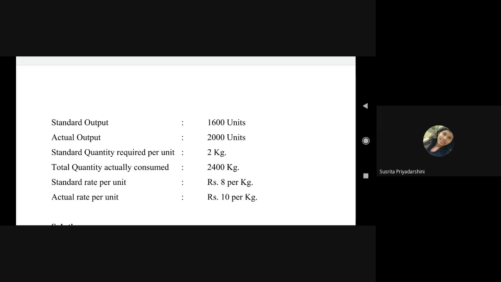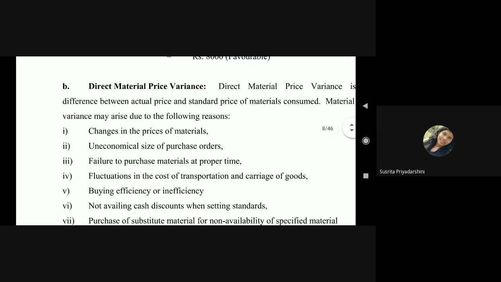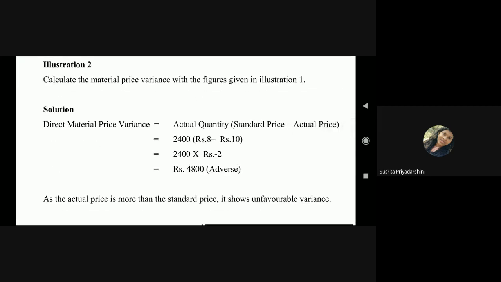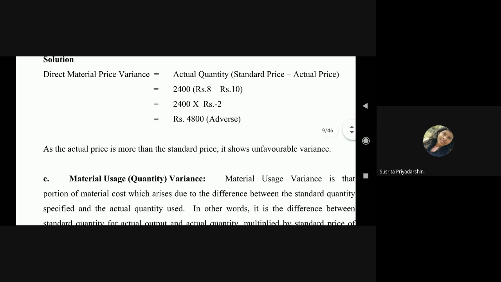So 4800, it is unfavorable variance, or price variance is unfavorable. So here you can see this one. So 2400 multiplied by 8 minus 10 is equal to minus 2. So here it is coming 4800 adverse. You can write adverse, unfavorable, any one of these two you can write. Okay.